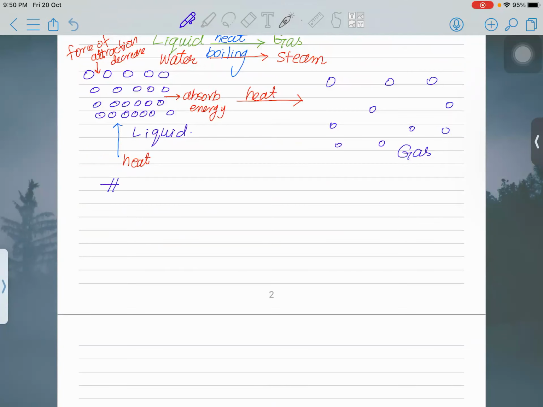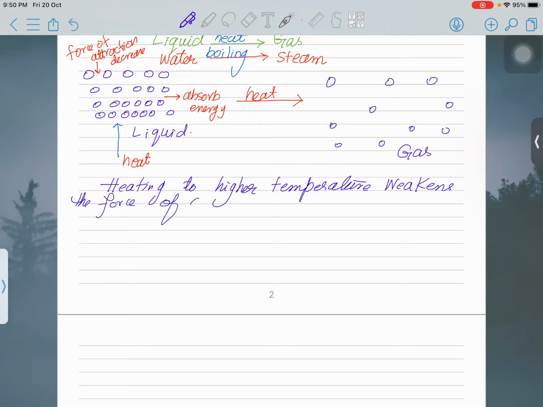Now, heating to a higher temperature weakens the force of attraction, and particles lose any order.